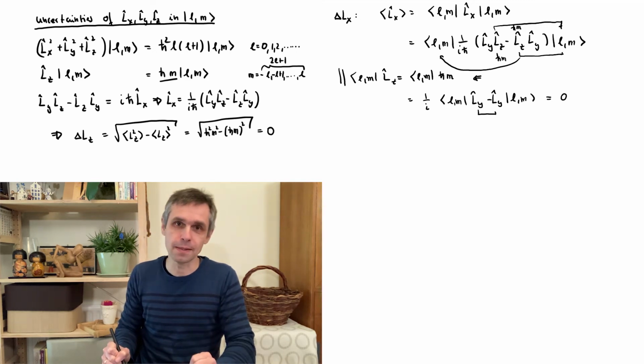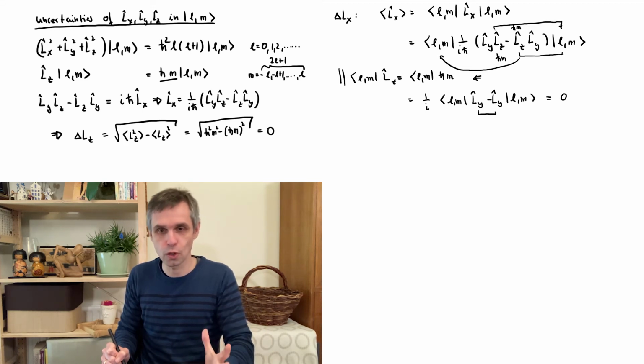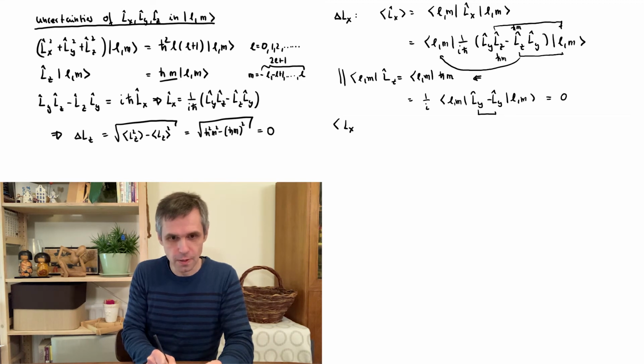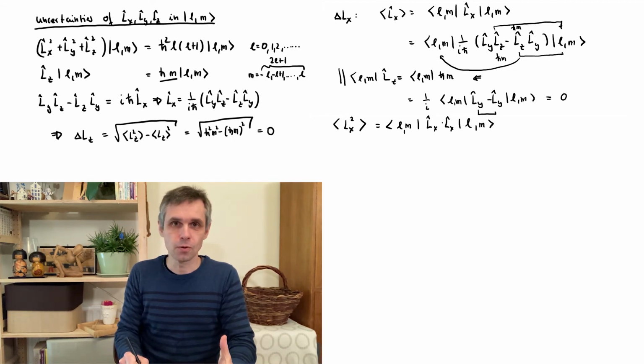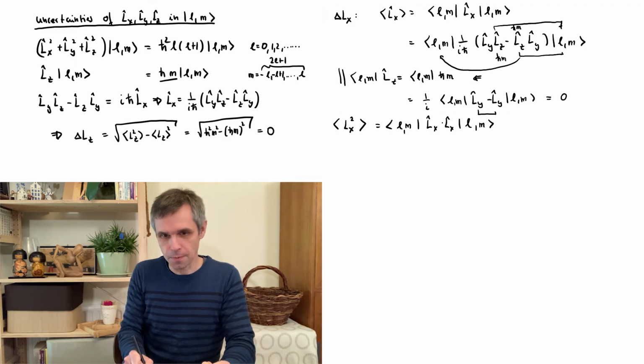Okay, let's see whether we can do some similar modifications when we look at the other expectation value, which involves the square of Lx. So this would be this expectation value that we can now write in this form here. And then we could of course introduce this expression for Lx at both of these places, but here it is actually more useful to just do it at one place, and I'm going to choose this place here.